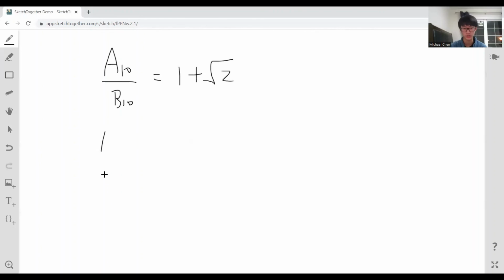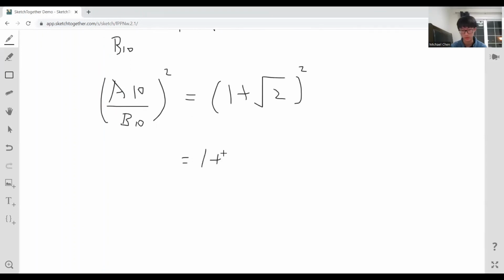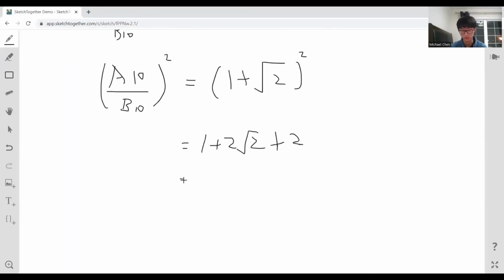Finally, let's square it. 1 plus root 2 squared, and we're just going to expand this: 1 plus 2 root 2 plus 2 equals 3 plus 2 root 2.